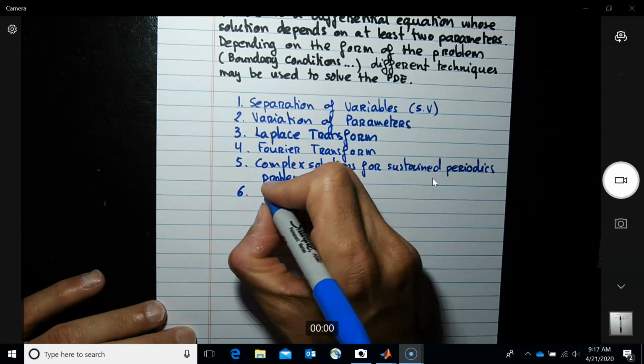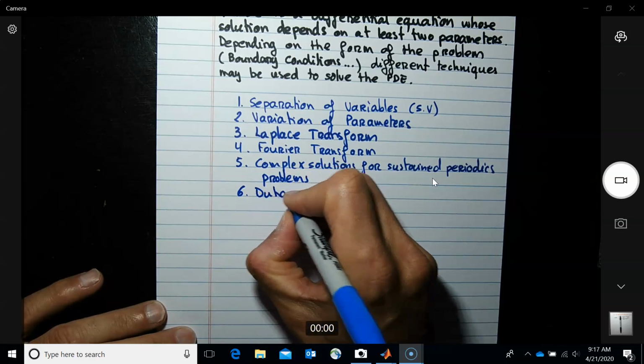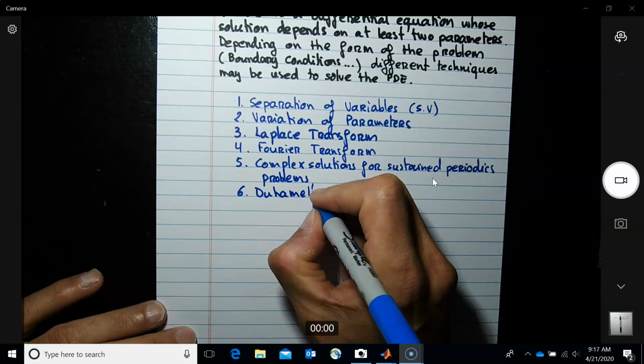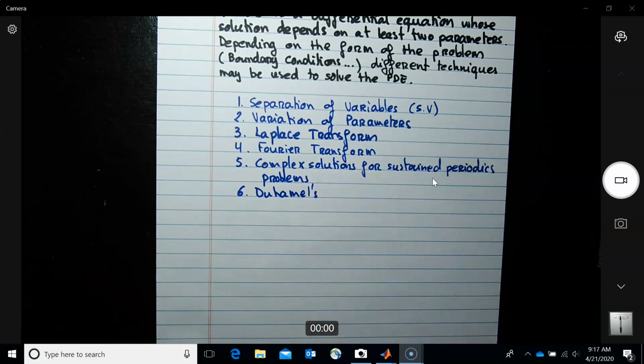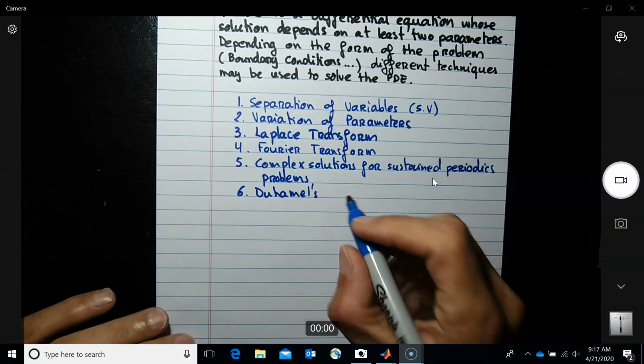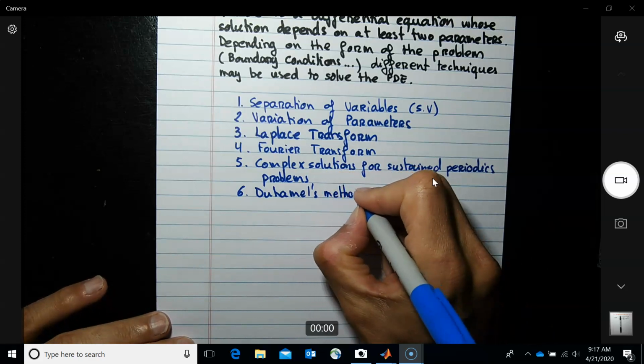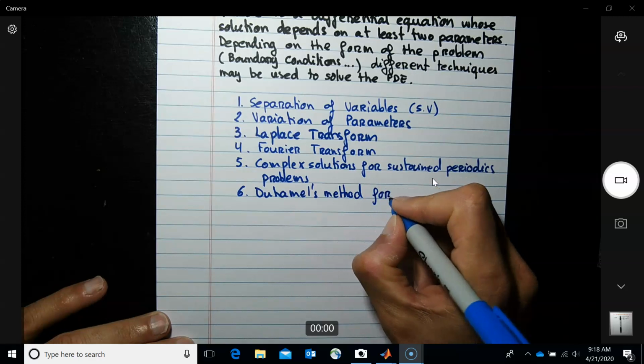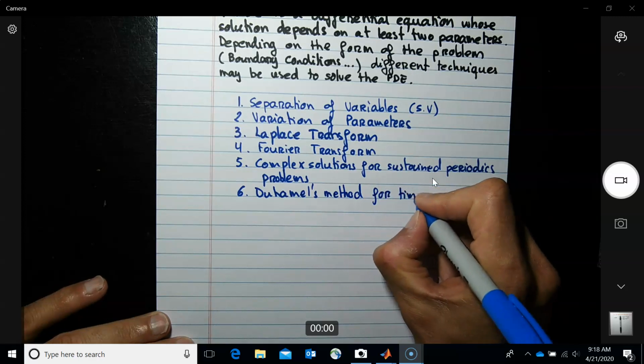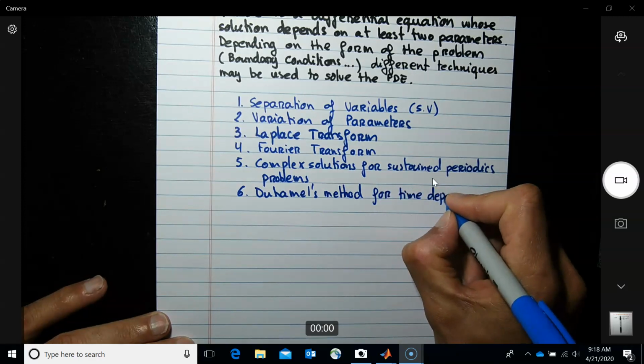Five, some complex solution. Six is Duhamel's method for time-dependent boundary conditions.